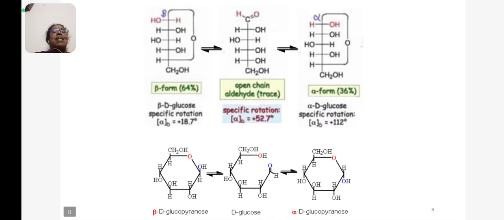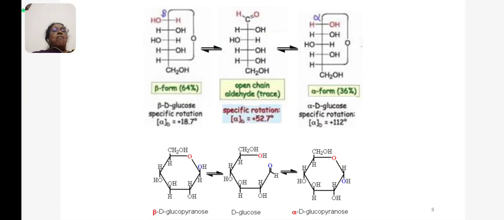Below that is the Haworth structure, the cyclic pyranose structure. Pyranose is a 6-membered ring structure having oxygen at one of the corners. In the beta form, at the first carbon atom, the hydroxyl group is at the top, above the ring, and hydrogen is at the bottom.